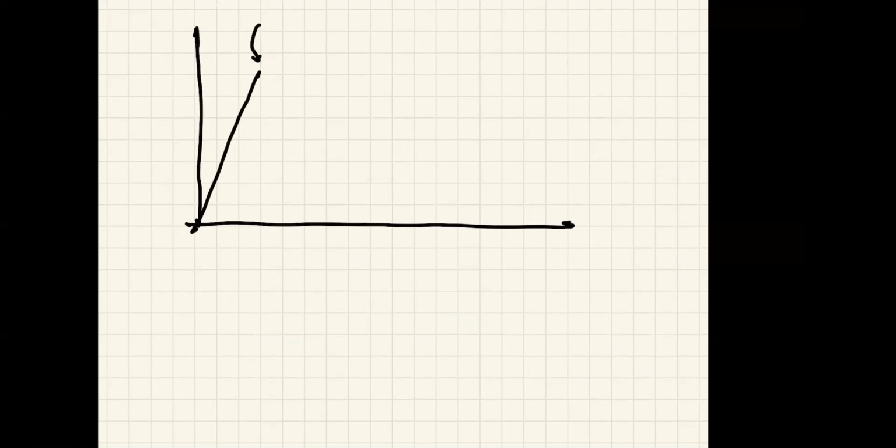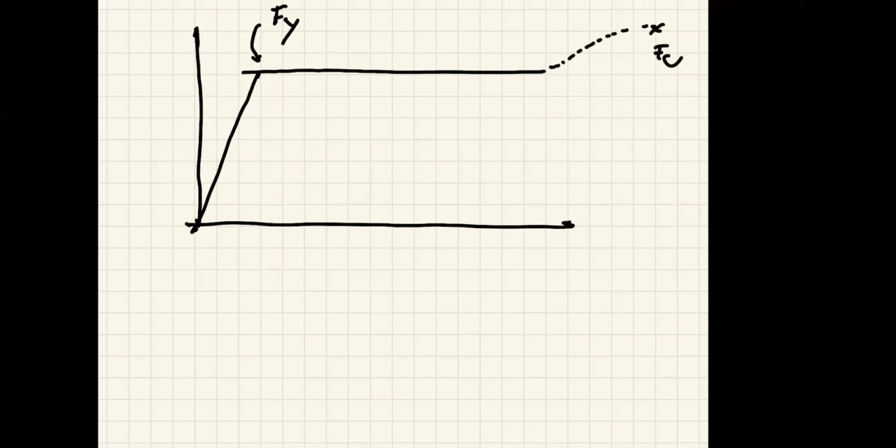This is your Fy, or your first yield, right? And once your steel reaches the first yield, we will assume that it's just going to go flat like that. We are not going to utilize the behavior where the stress goes up to meet the Fu here. We're just going to assume the flat line.